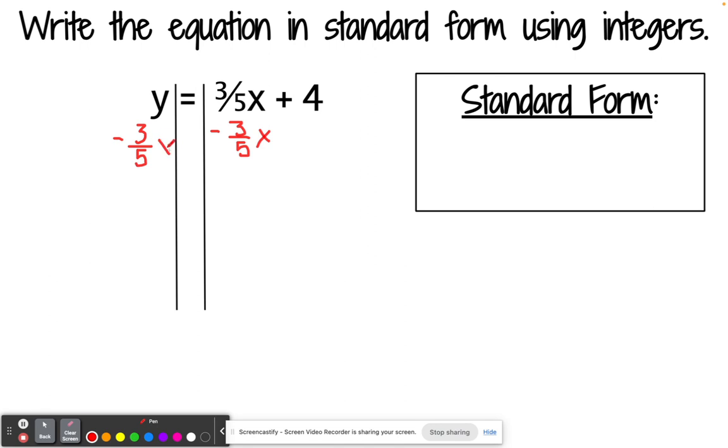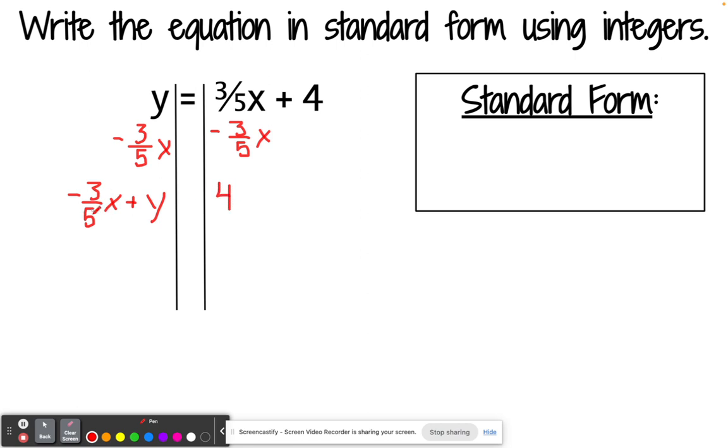And I think you'll see right away that I have two problems. My first problem is my x is negative. My second problem is my x is a fraction. So I get to solve both those problems.